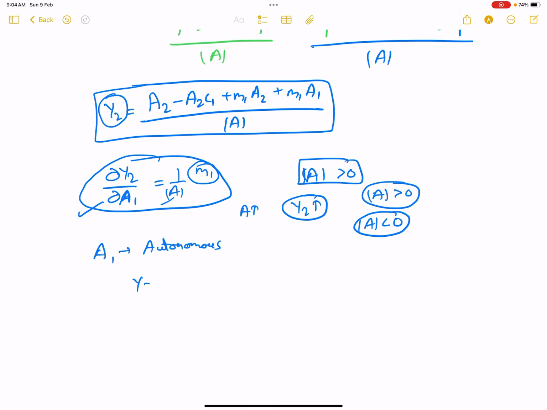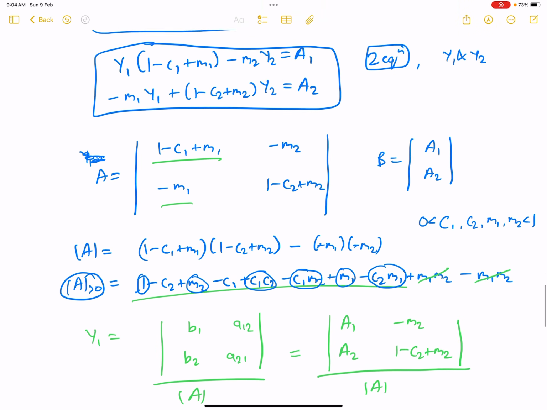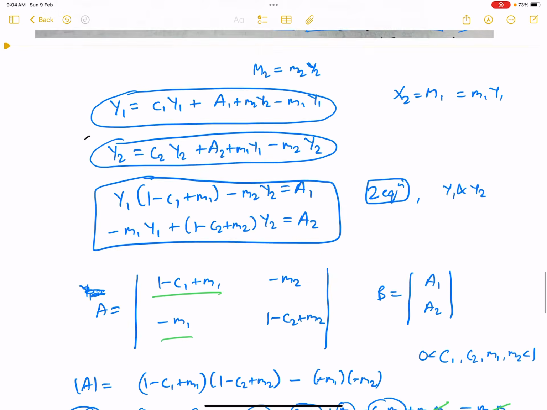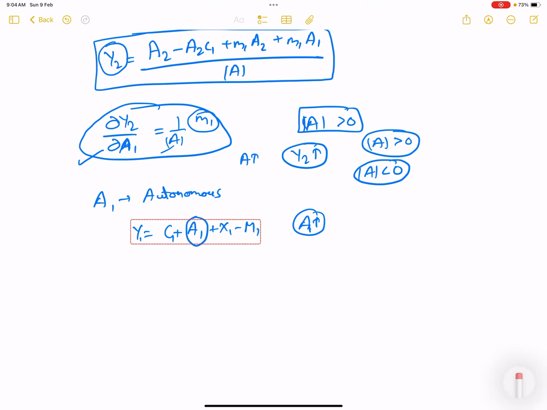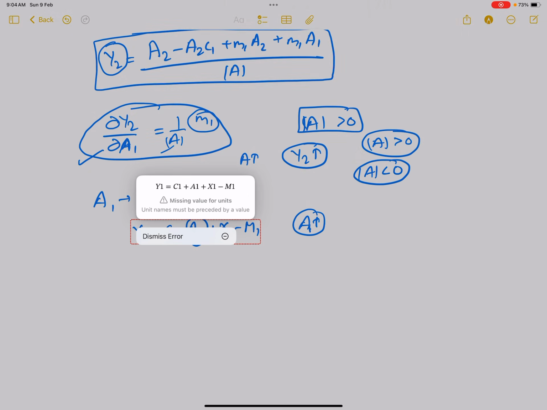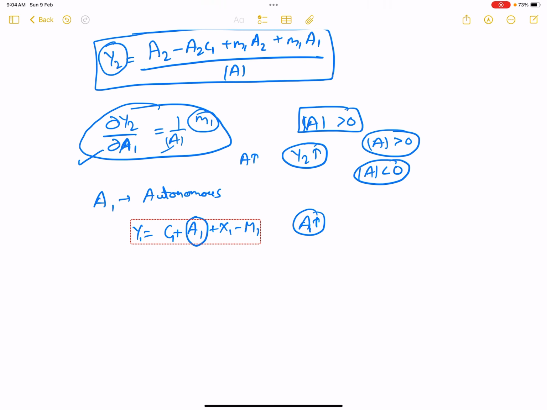We had the equation y equals c plus a1 plus x1 minus m1. Now if a1, the autonomous expenditure in country 1, increases, then y1 would also increase, because a1 is a component of y1.